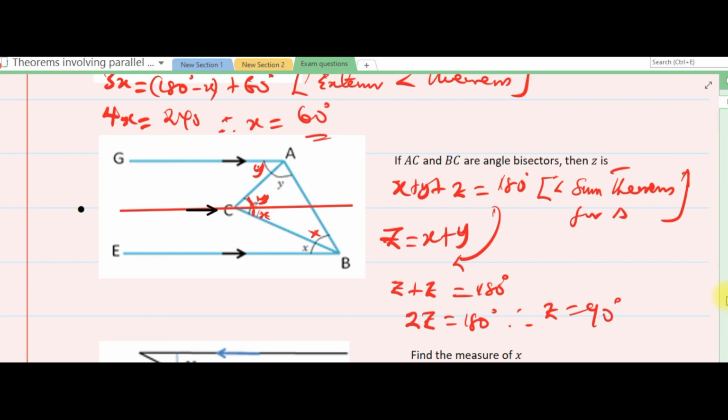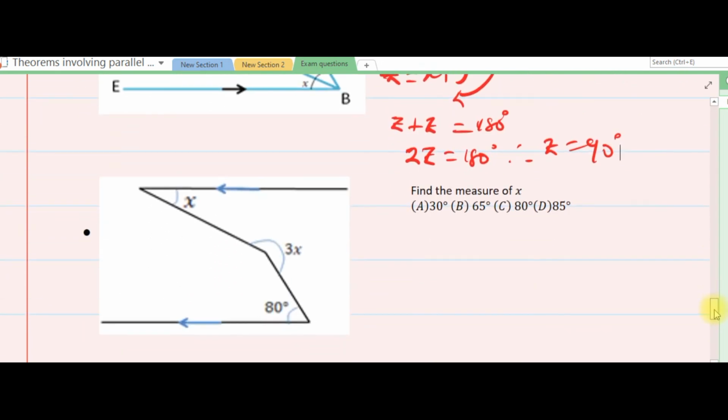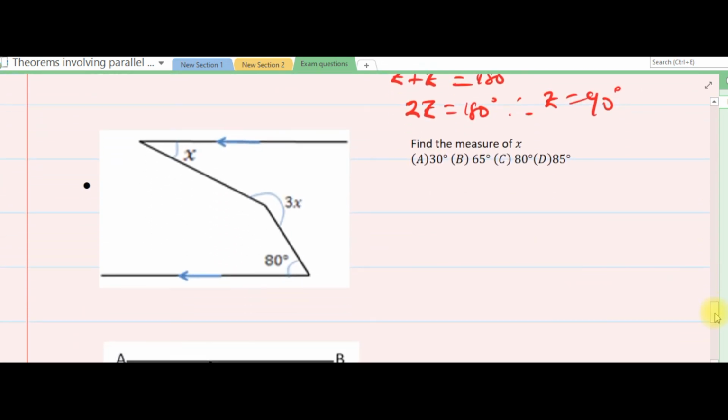So the next question, we're asked to find the value of x. The only way I can solve it is to draw an auxiliary line, extend this line. So let me show you.